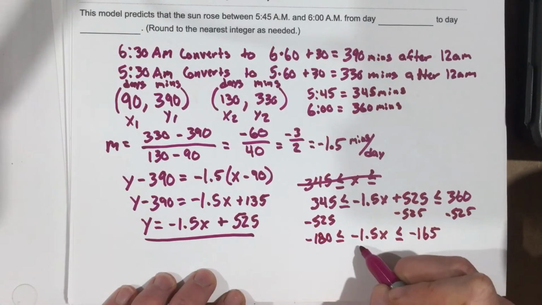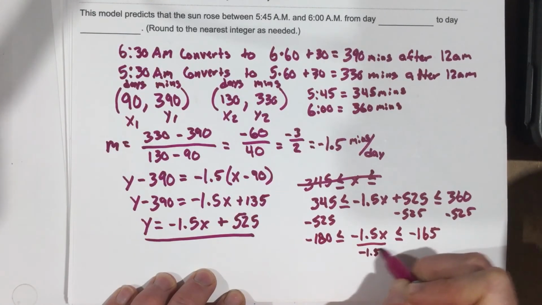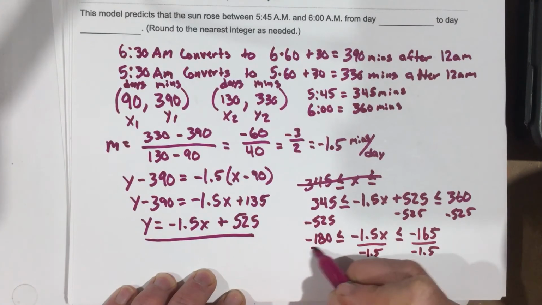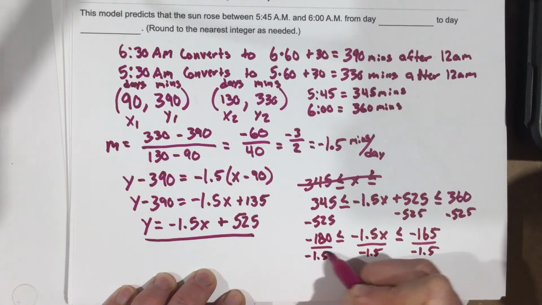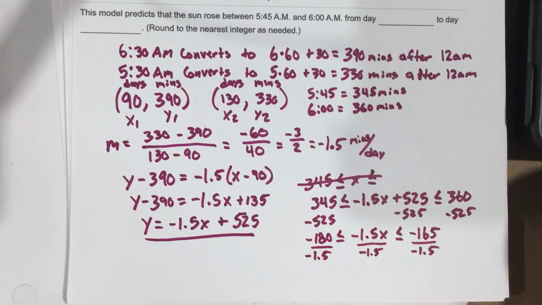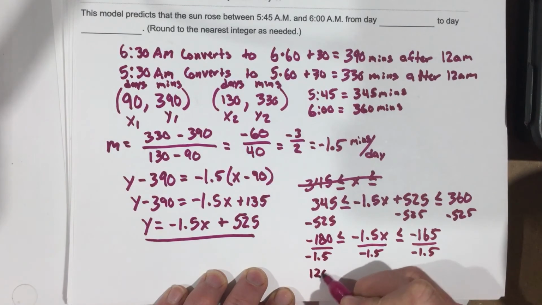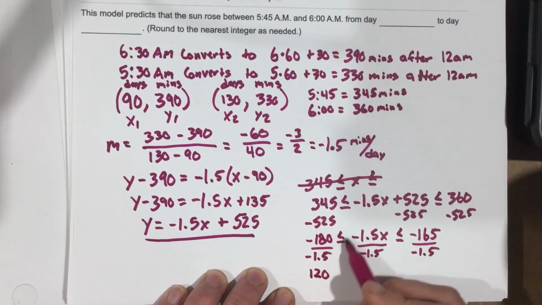Now we're going to divide by negative 1.5. Negative 180 divided by negative 1.5 gives 120. Now when I divide by a negative, remember I flip the inequality signs.